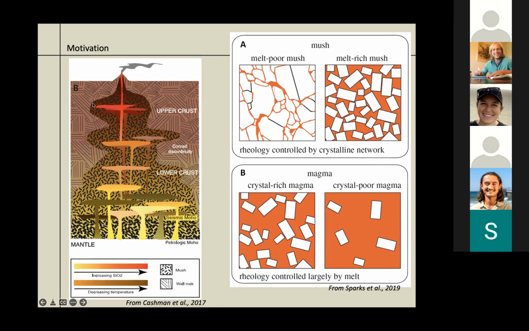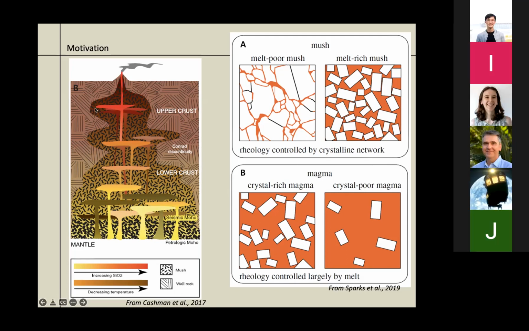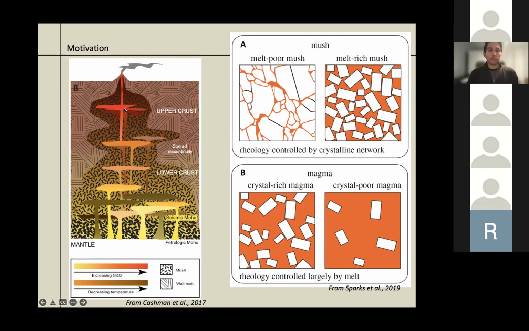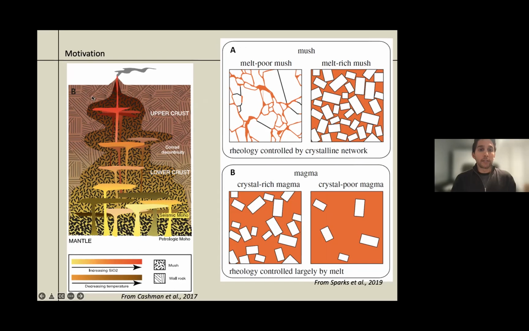And a lot of them have some mush region of partial melt or some region of a higher melt fraction magma underground. And we're trying to, again, characterize the size, the depth of these features, the location of the features, and also the melt fraction of these features.